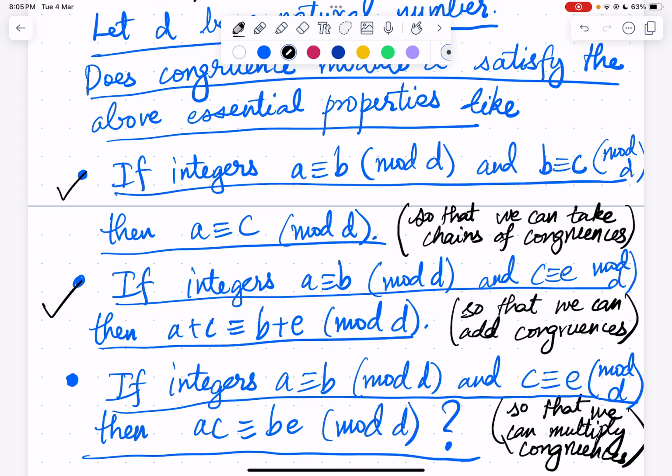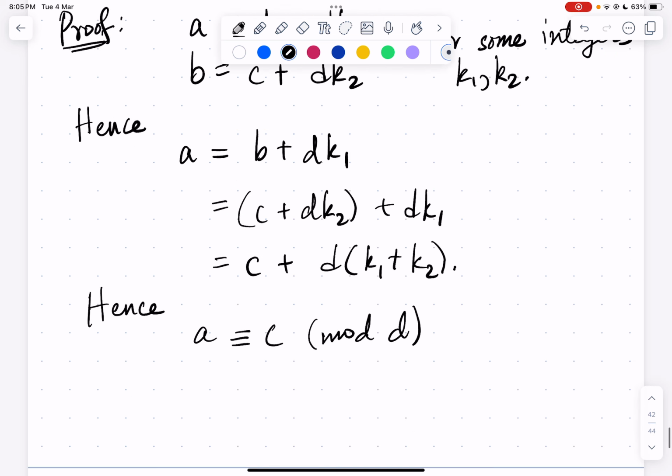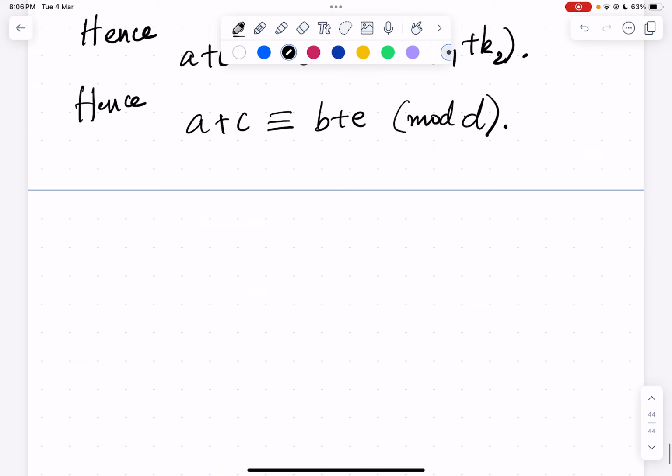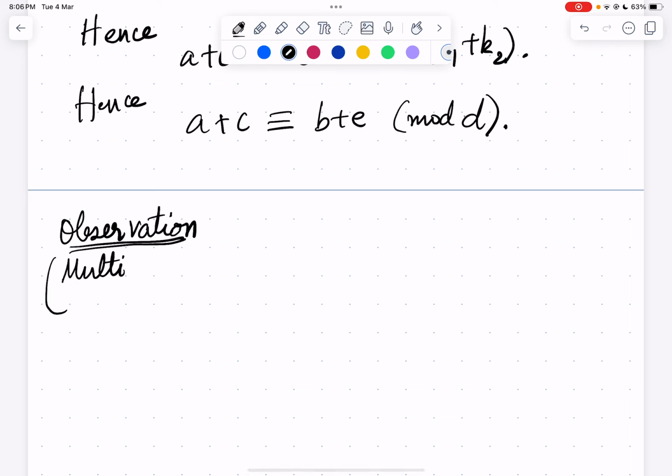We can add congruences. We need to check if we can multiply congruences. Observation: multiplication of congruences.